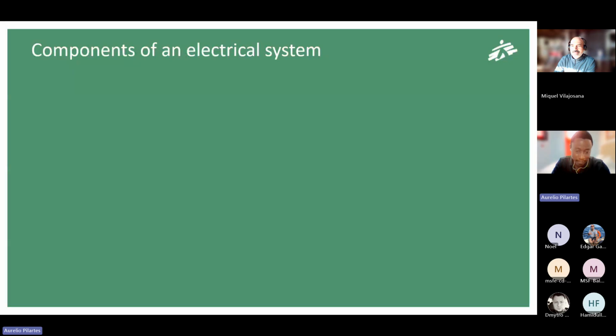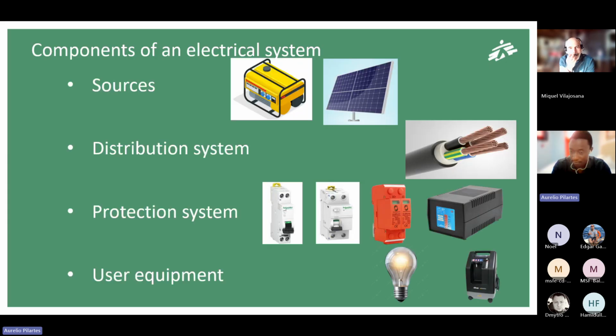Okay, so let's move ahead. In every electrical system, we have four main components that make up the whole of your electrical system. These components are your source, which could be one or multiple sources depending on your setup, the distribution system, the protection system, and the user equipment.